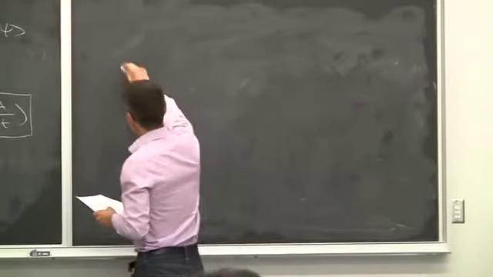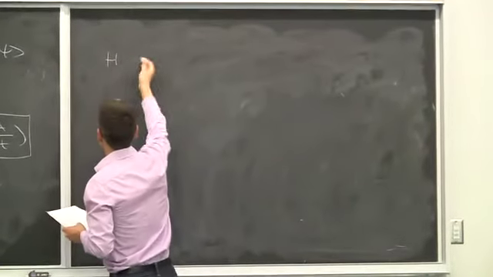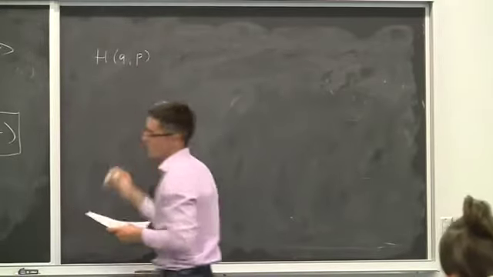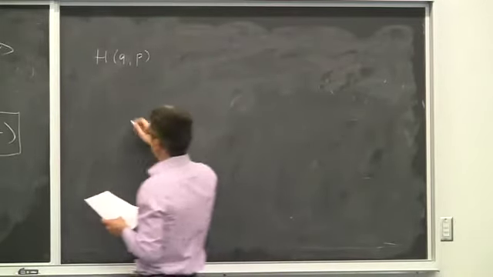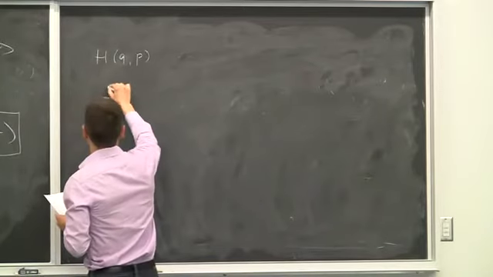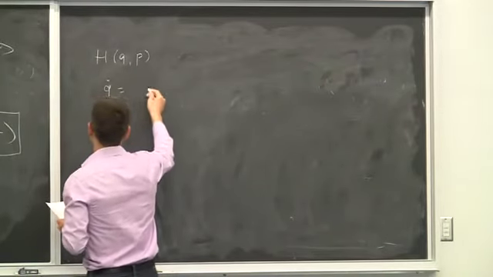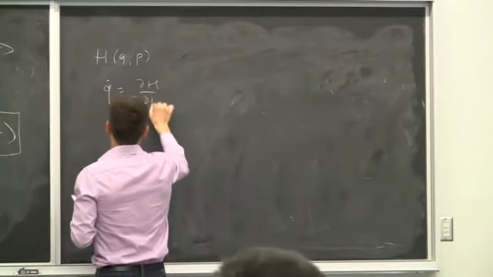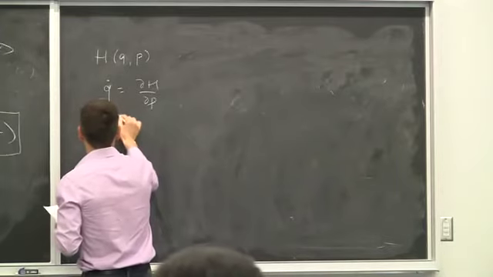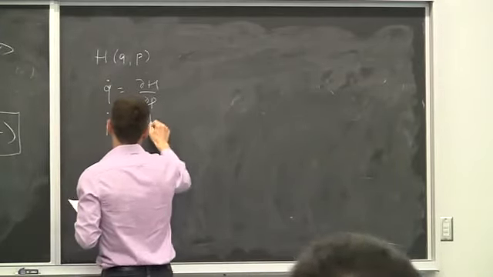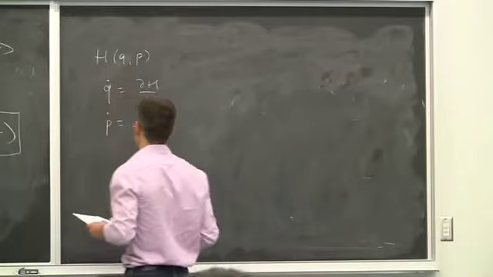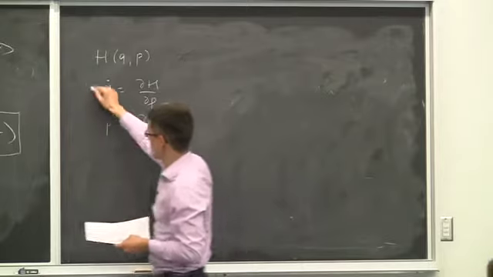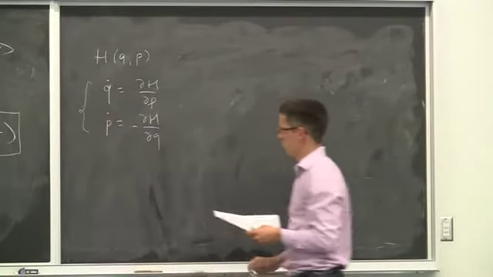If we have a classical Hamiltonian function of q and p, where q is the position and p is the momentum, then we have q dot equals dH over dp, and p dot equals dH over dq with a minus sign. So these are the classical Hamiltonian equations of motion.